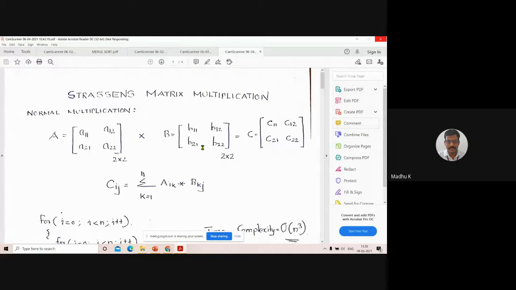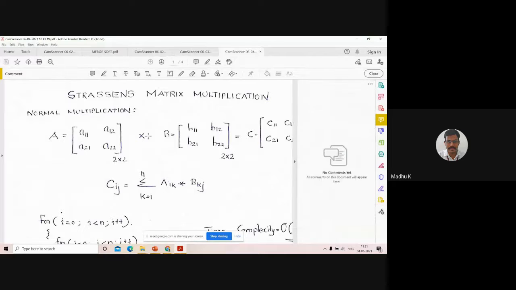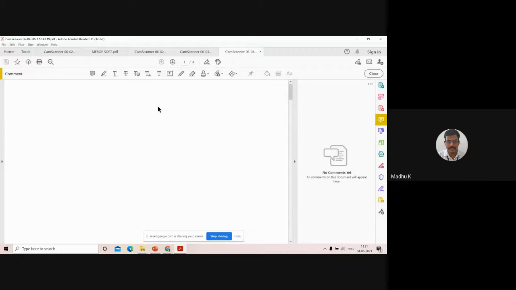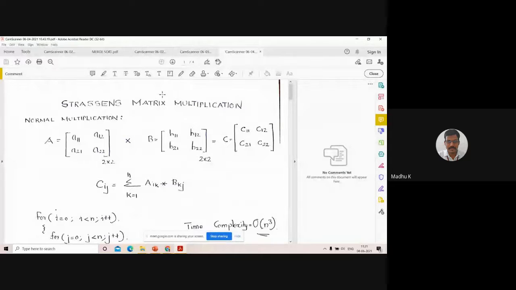Now you can note here how we can perform the matrix multiplication. For example, there are two matrices, A and B. One is a square matrix of order 2 by 2.